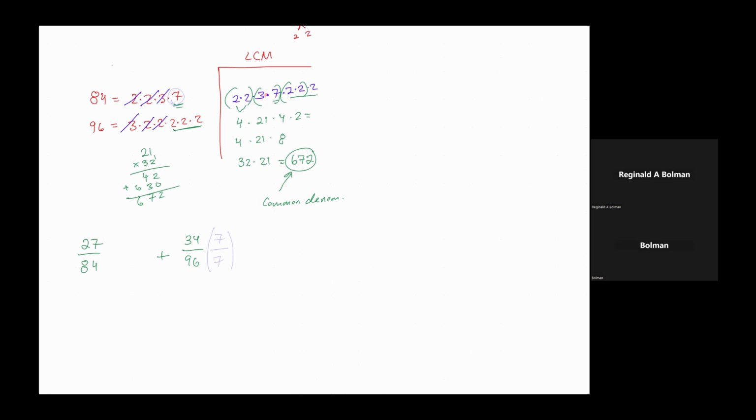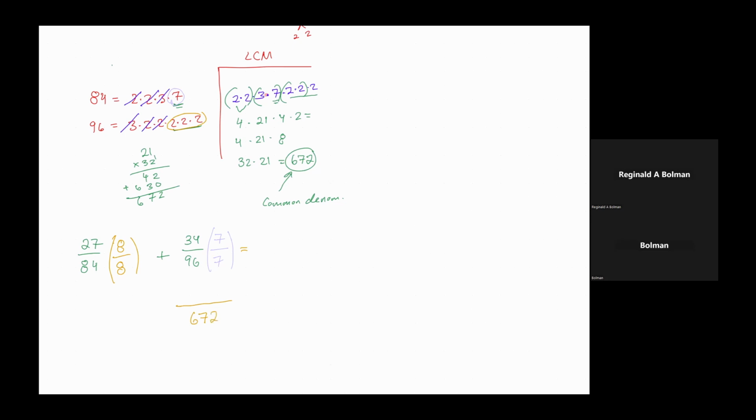Now, conversely, what the 84 was actually missing was the sequence of 2's. 2 times 2 is 4, 4 times 2 is 8. So it was missing an 8 over 8. When you multiply 7 times 96, here's the interesting thing. You should get 672 if we did our math correctly.